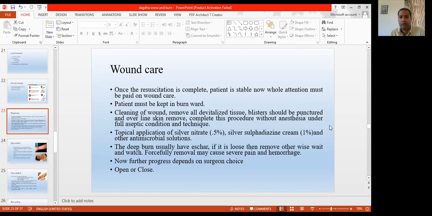Because the patient has lost so much skin, the most premium first line of defense of our body, the patient is very liable to any kind of infection, like fungus, bacteria, virus. That's why you have to keep the patient out of reach of these pathogens.